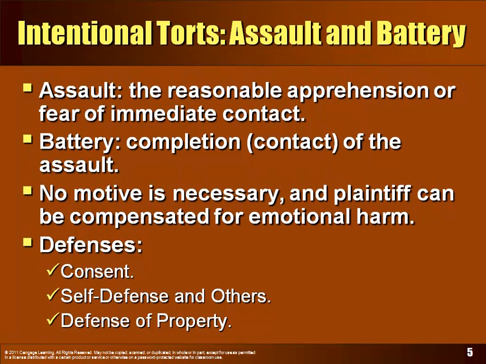These are the argument that, yes, maybe I did it, but my actions are excused. It's not an automatic thing. You have to establish either it didn't happen or maybe it did, but the law recognizes an excuse for this. So, I thought he was going to scratch my car, so I punched him. The law's probably not going to go with that one.